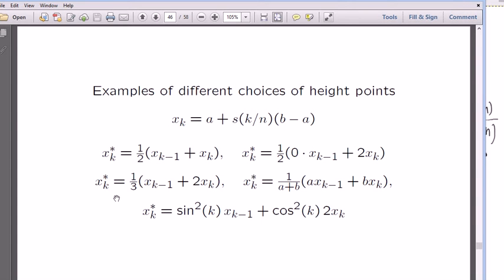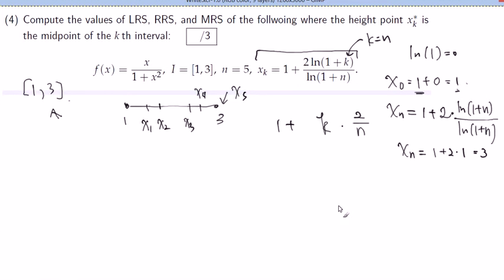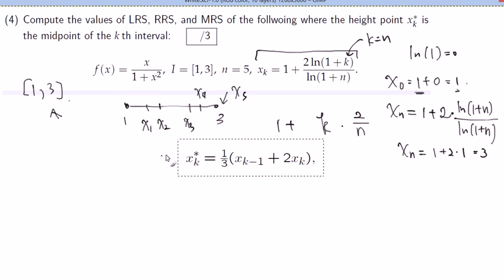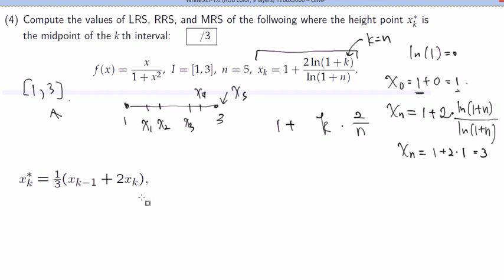How about the third one? Let me explain that point. So what kind of point is this talking about? Here is xk minus 1. That's the left endpoint of the interval, right? This is the right endpoint of the interval. And this point is in between these two endpoints. And what kind of point is it going to be?